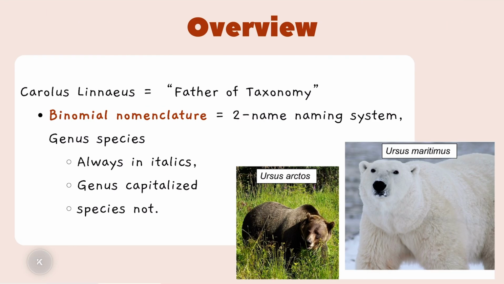So this whole idea of taxonomy came from a guy named Carlos Linnaeus, so he's designated the father of taxonomy, and he came up with this idea of a binomial nomenclature system. The prefix bi means 2. Nomenclature or nomial talks about names. So this is a 2-name naming system, and it's specifically going to be the genus name and the species name.